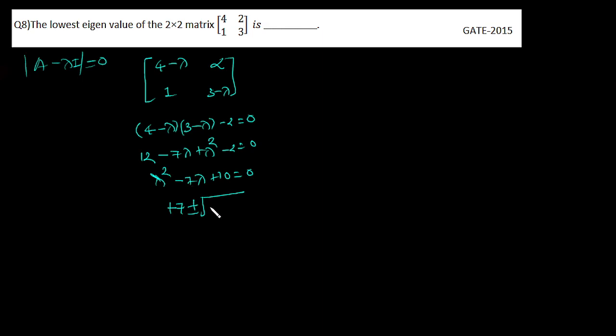Here b is minus 7, so squared it is 49, minus 4ac. Here c is plus 10 and a is 1, so we get 40. Now divided by 2a, we simply get 7 plus or minus the square root of 9, divided by 2. Now we are getting 7 plus or minus 3 by 2. If we solve, we get lambda equal to 5 and lambda equal to 2, and they are asking about the lowest, so we have to select the lower one.